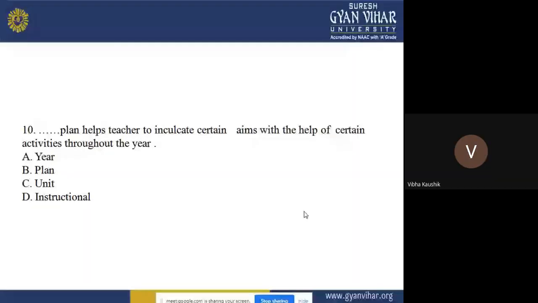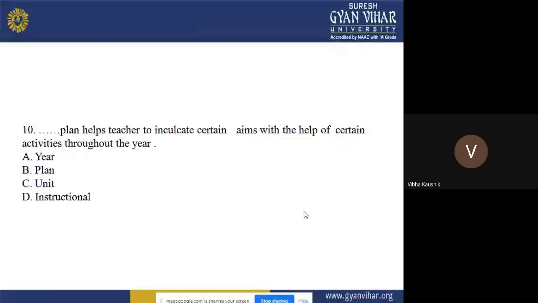Question 10, dash plan helps the teacher inculcate certain aims, means helping the teacher to inculcate certain aims with the help of certain activities, and the teacher wants to inculcate these aims with the help of different activities throughout the year, which we have decided has to be done throughout the complete year.